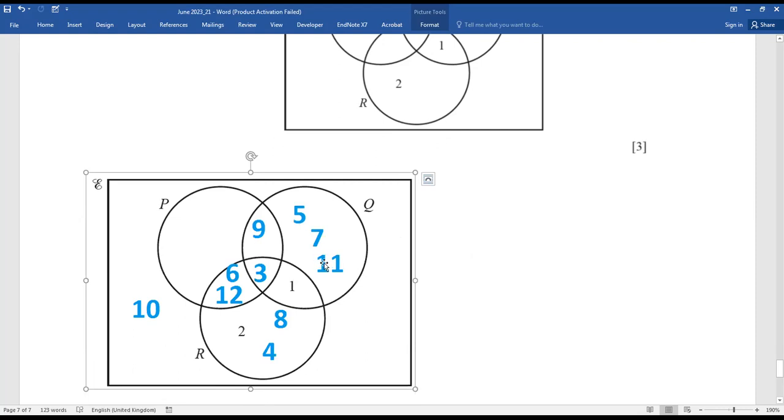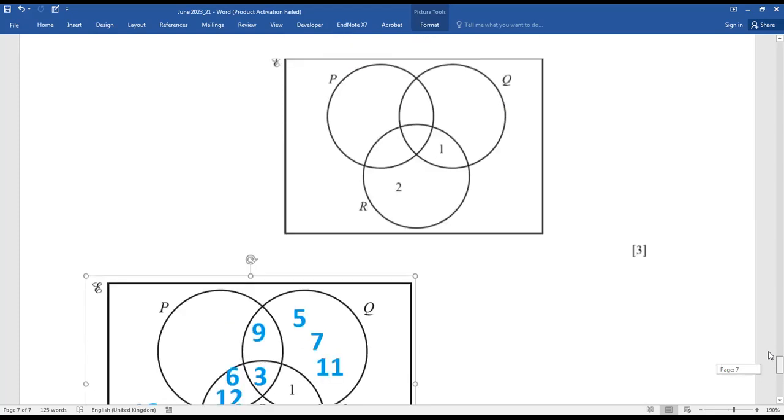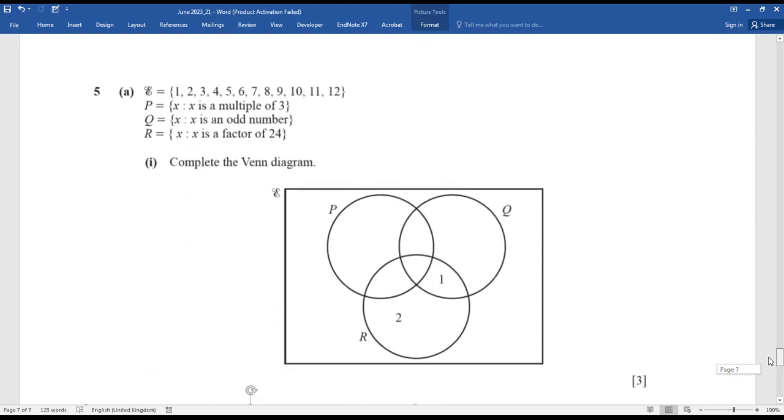And then the remaining ones: all the odd numbers to be filled in Q, all the factors of 24 to be filled in R. Because 10 is one of the numbers which doesn't fall in any of them, 10 will be filled outside. Nothing will be left in P only, as 3, 6, 9, 12, all multiples of 3, have been included in these intersections.